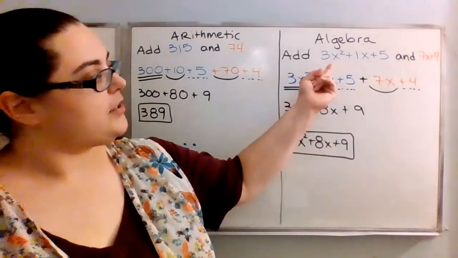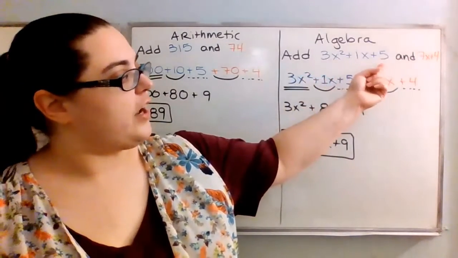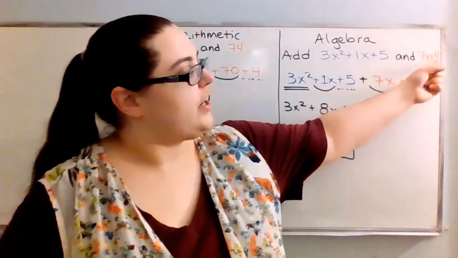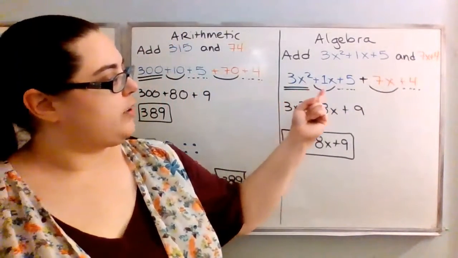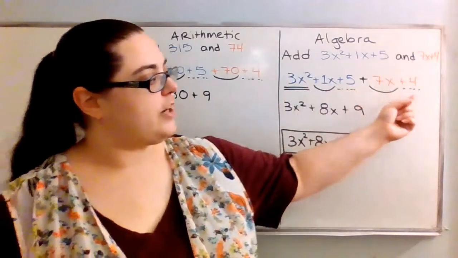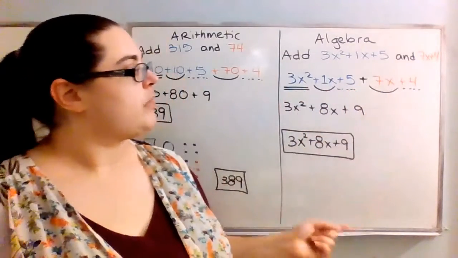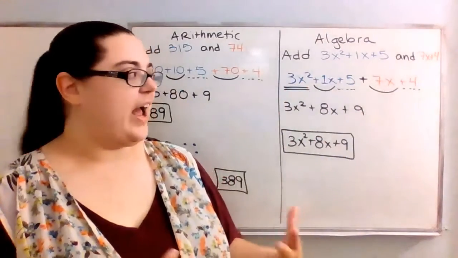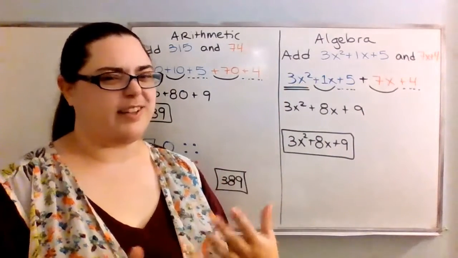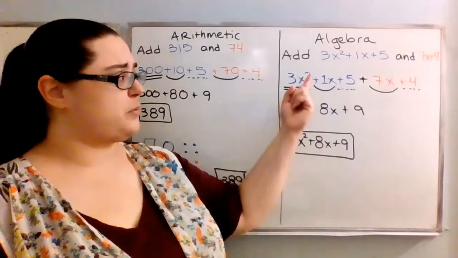So we have 3x squared plus 1x plus 5, and we're going to add that to 7x plus 4. So I rewrote out the 3x squared plus 1x plus 5 and the 7x and the 4. And notice that some of these pieces that are being added together have a letter, and some of them have a letter squared, like this one has an x squared.